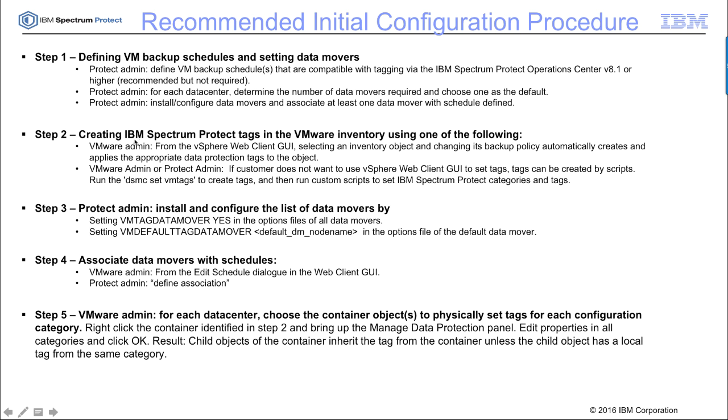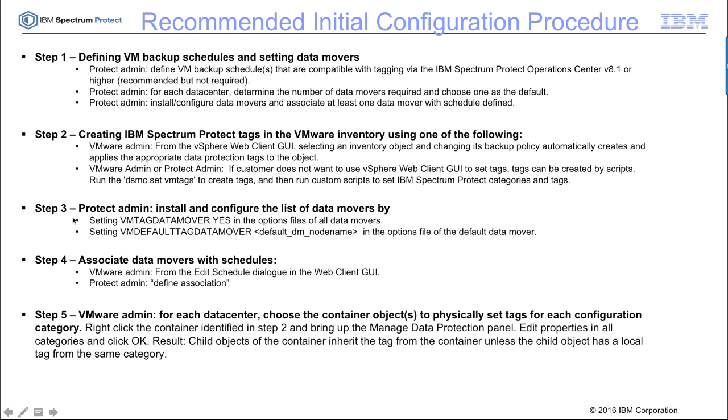As step 2, you're going to create the IBM Spectrum Protect tabs in the VMware inventory using either the vSphere Web Client GUI or the PowerShell scripts that the VMware administrator can write. Now, quite frankly, with inheritance, it's pretty easy and pretty powerful to do this at version 8.1 with the vSphere Web Client GUI, so that would be my recommendation as to how to do step 2.